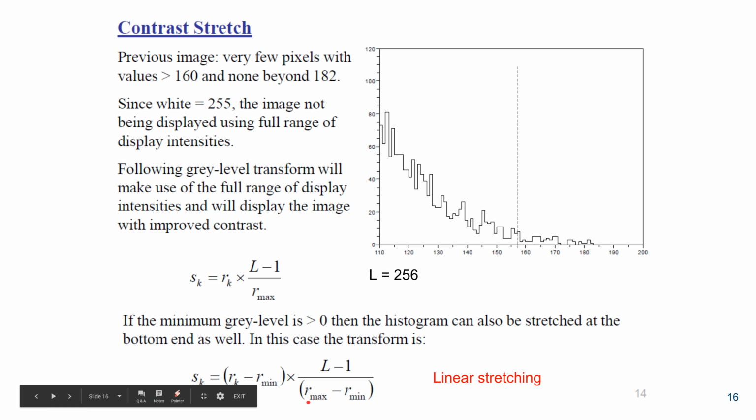R max is the maximum pixel value, R min is the minimum value, and this is the input pixel value, and then again our minimum. That allows us to calculate for each input intensity RK an output intensity that's going to be stretched. That means the grayscale values that we have used are stretched.